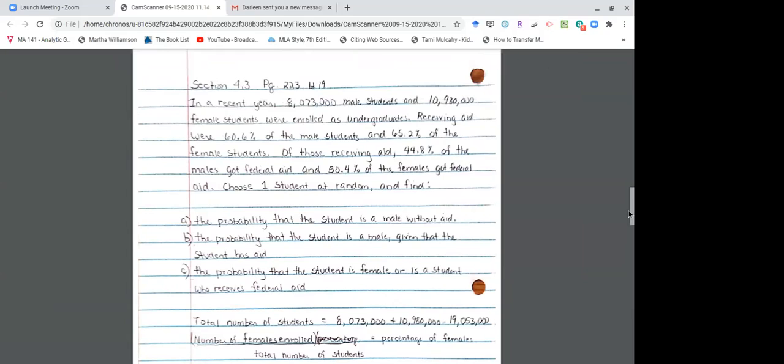So this says, in a recent year, 8,073,000 male students and 10,980,000 female students were enrolled as undergraduates. Receiving aid were 60.6% of the male students and 65.2% of the female students.